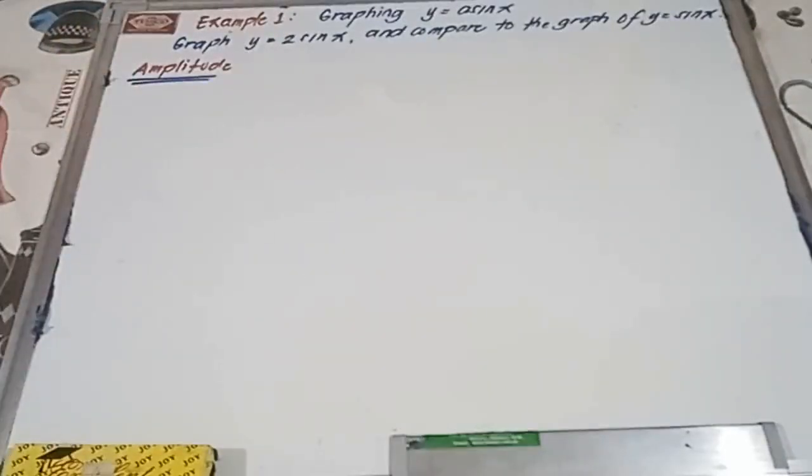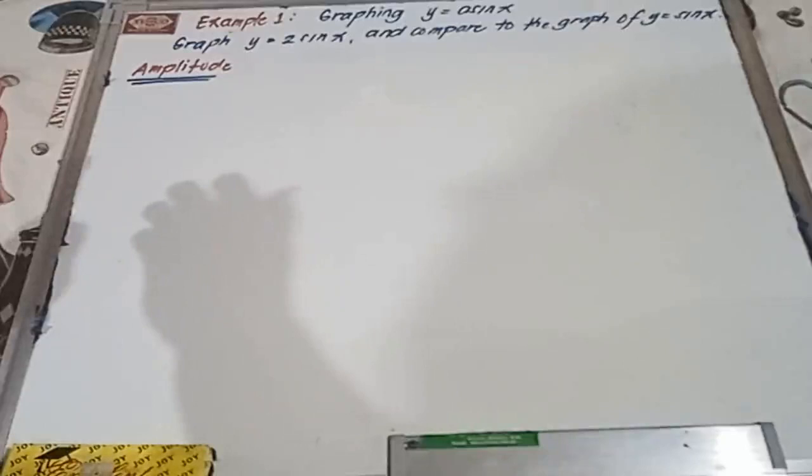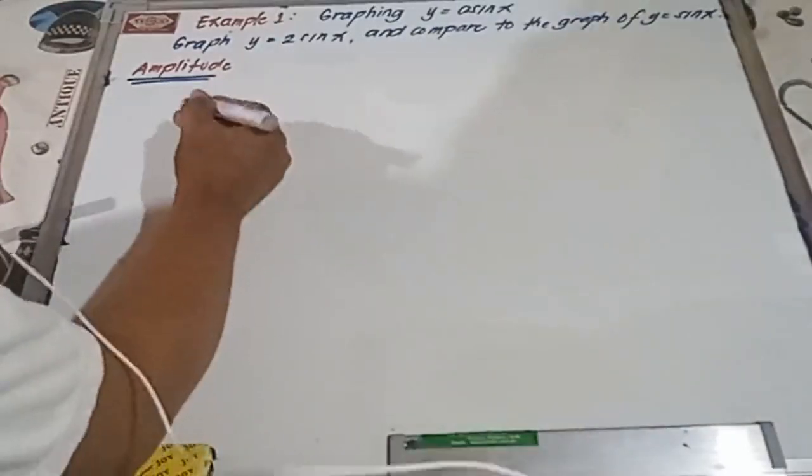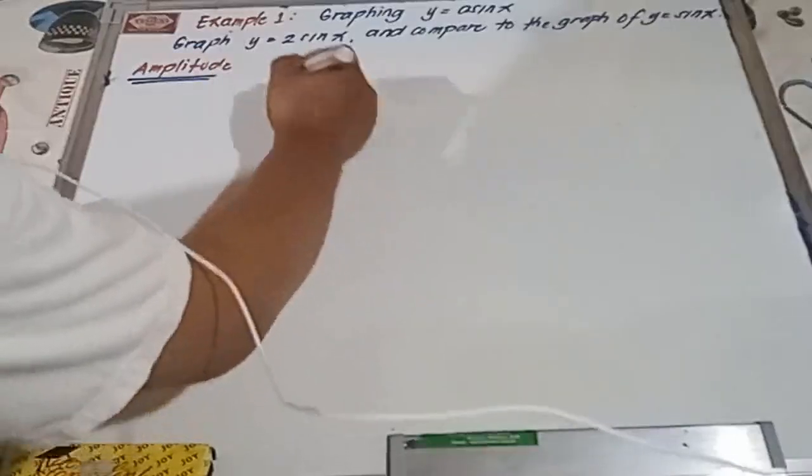Also, for this example, you're going to learn what an amplitude is. Let us graph y equals 2 sine x and compare it to the graph of y equals sine x so that we can understand amplitude. Let's make a table of values, but this time in horizontal form.